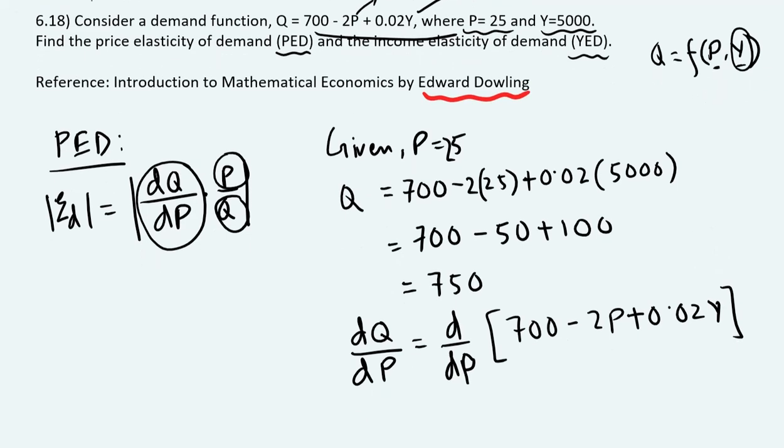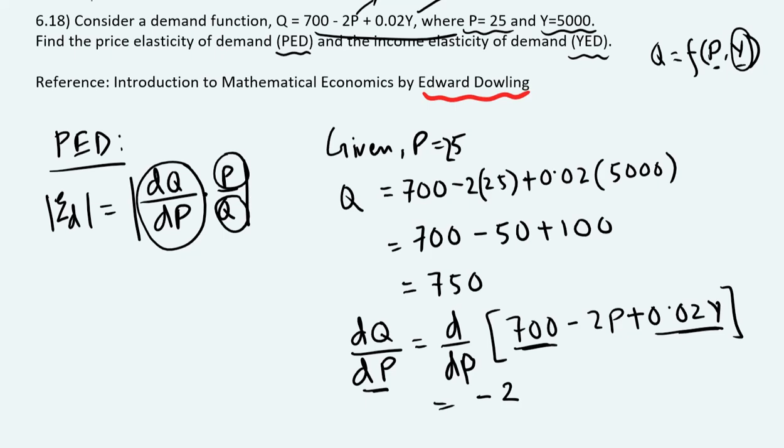Here we are considering only changes in P, and Y should be considered as constant. So eventually the derivative of this and this should be 0. This is constant 700, of course, and this is constant as well. So minus 2p with respect to P should be minus 2.